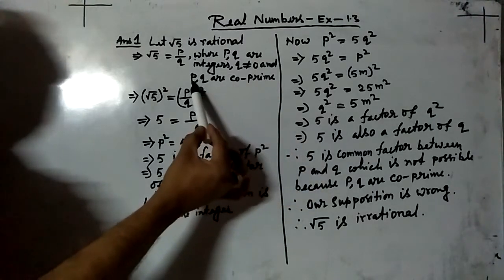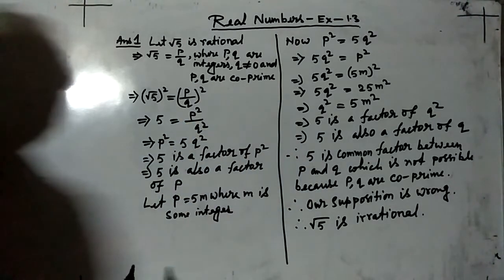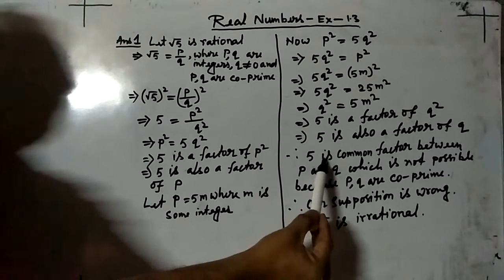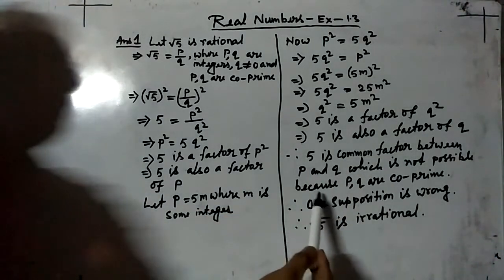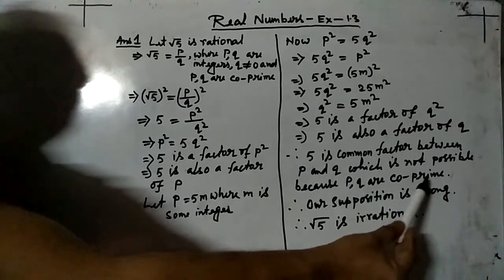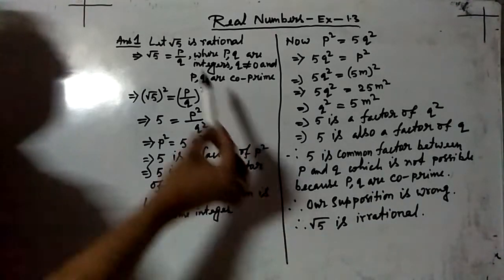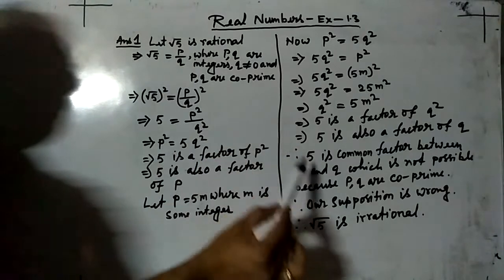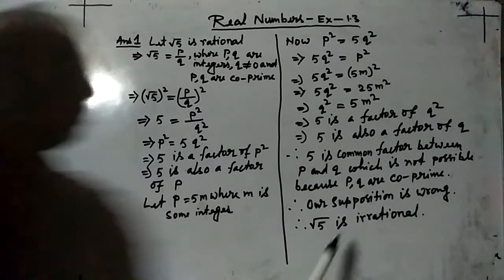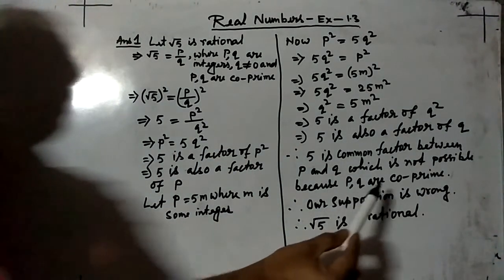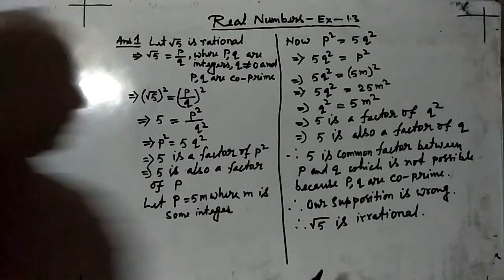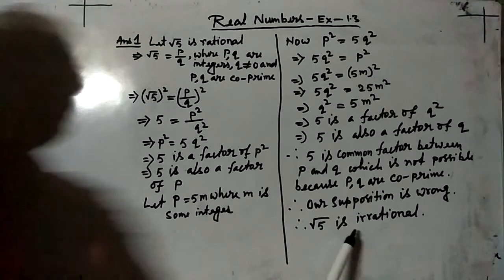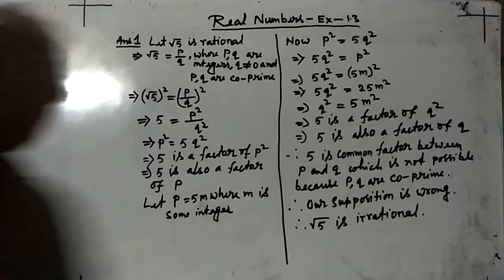It means there is no common factor between p and q. But here we are saying 5 is a common factor between p and q, which is not possible, because p and q are co-prime. It means whatever we supposed is wrong. Our supposition is wrong. If our supposition is wrong, the opposite of rational will be what? Irrational number. So we can say that root 5 is an irrational number.